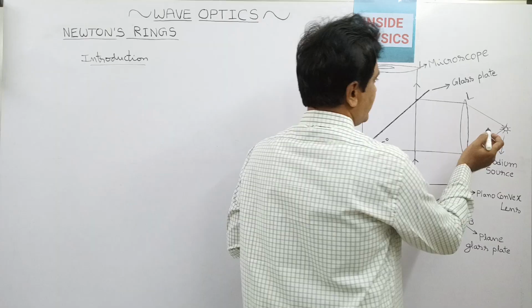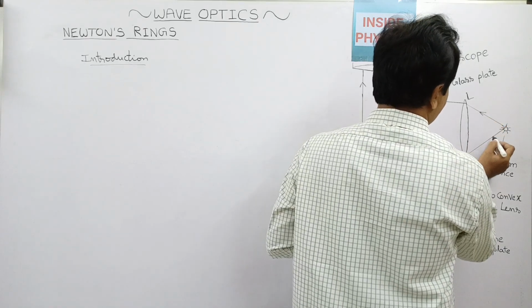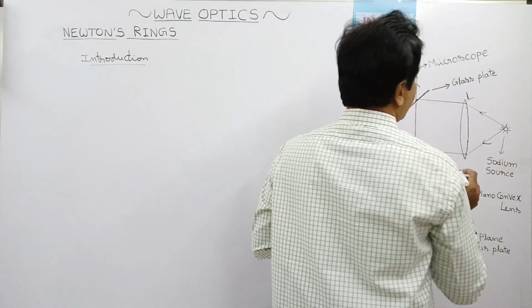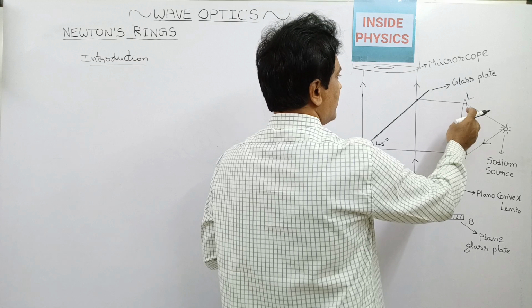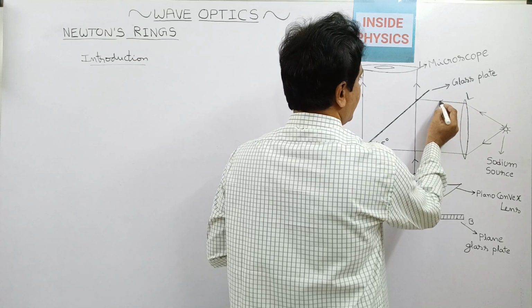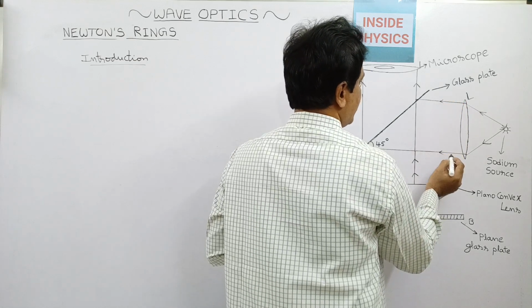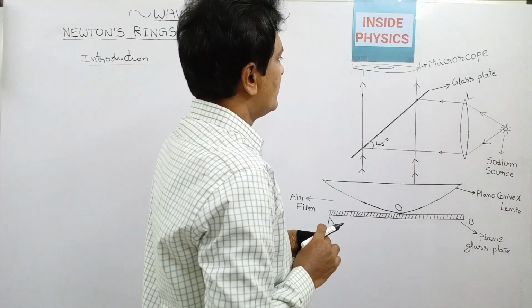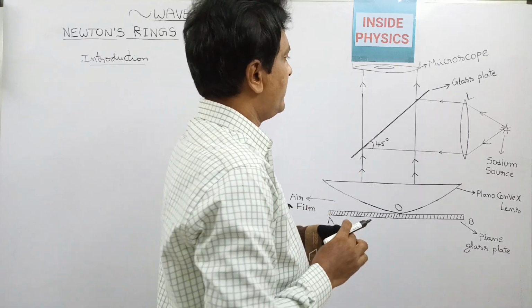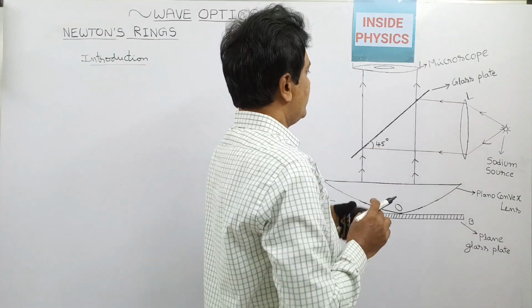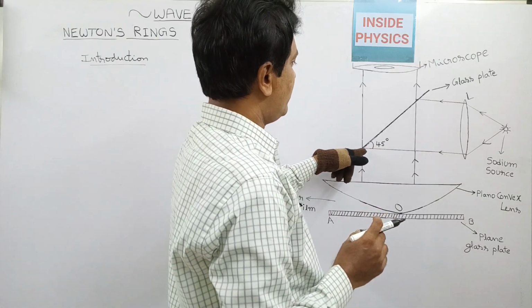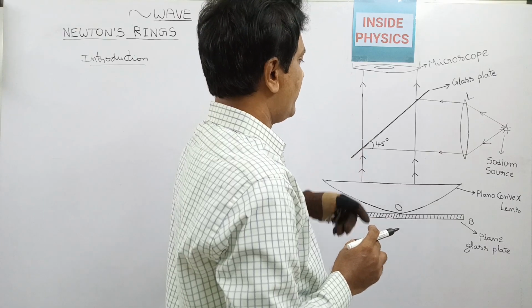The incident rays from the sodium vapor lamp fall on the convex lens, then the parallel rays from the lens are incident on this glass plate. When they are incident on the glass plate, some percentage of light will be refracted and some will be reflected.